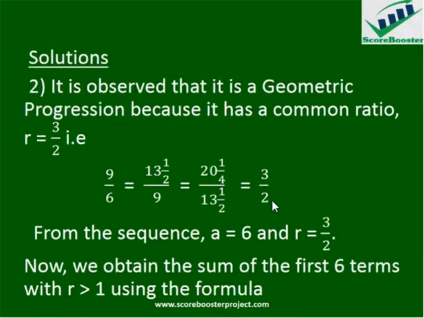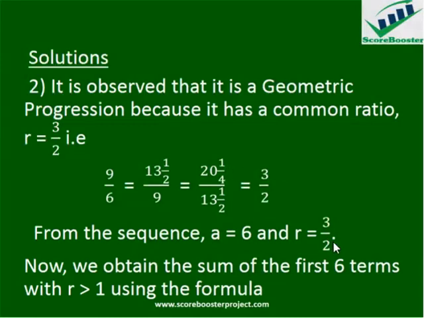So since we have a unique value when we divide the second term by the first, and the third term by the second, and also the fourth term by the third, therefore that particular sequence of numbers has a unique common ratio, and that makes it a geometric progression with the common ratio 3 over 2.